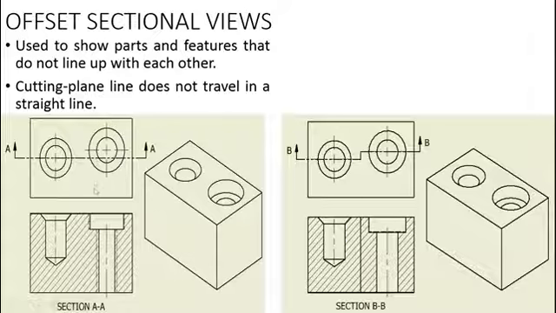Our section shows that it will be sectioned from this part here, coming all the way through here and then ending up here, which means this line is going to miss out this part here.